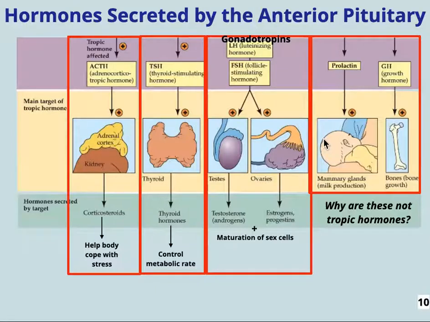Prolactin binds to mammary glands and triggers milk production, but milk is not a hormone. Similarly, growth hormone binds to bones and leads to bone growth. So there isn't hormone release that's triggered as a result. So this is a very important concept of tropic hormones.